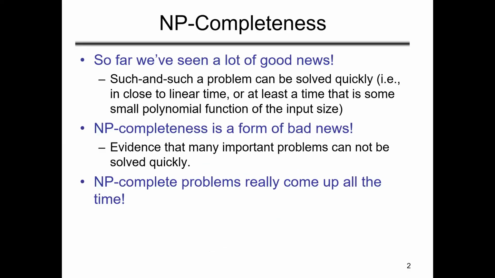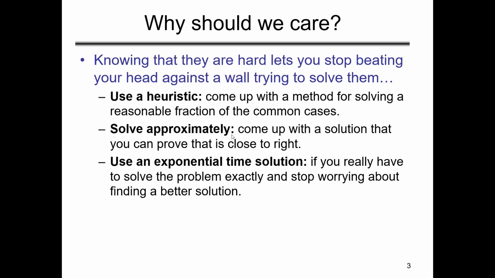NP complete problems really come up all the time in day-to-day experience. Why do we care? Knowing that they are hard lets you stop beating your head against the wall trying to solve them. Right? But when you're trying to solve them, use a heuristic, some kind of guideline, some kind of common sense thing. Come up with a method for solving a reasonable fraction of the common cases.